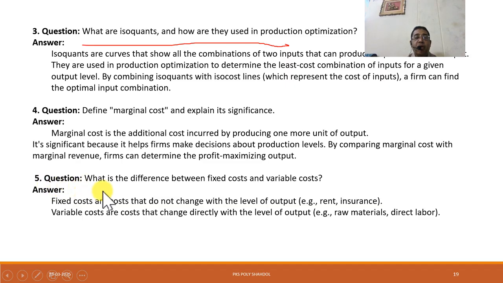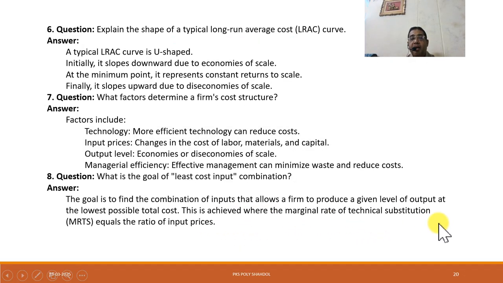Fifth question, what is the difference between fixed cost and variable cost? As you have seen, fixed costs are costs that do not change with the level of output, for example rent and insurance, and variable costs are costs that change directly with the level of output, for example raw material and direct labor. Sixth question, explain the shape of a typical long run average cost, LRAC, curve. A typical LRAC curve is U-shaped.